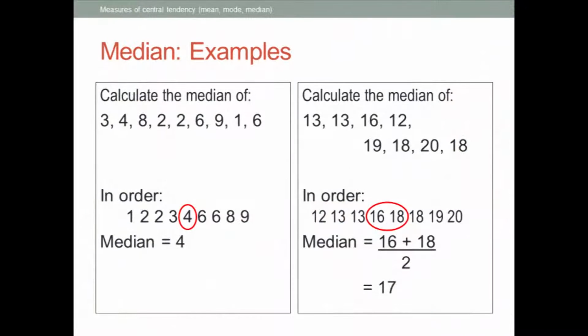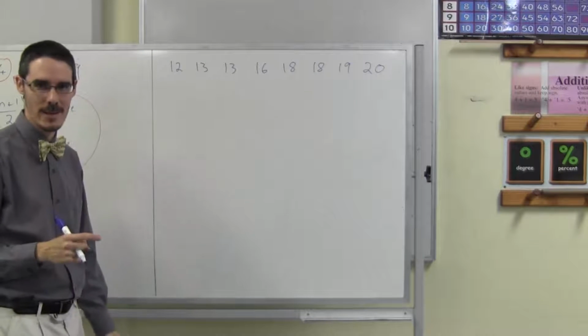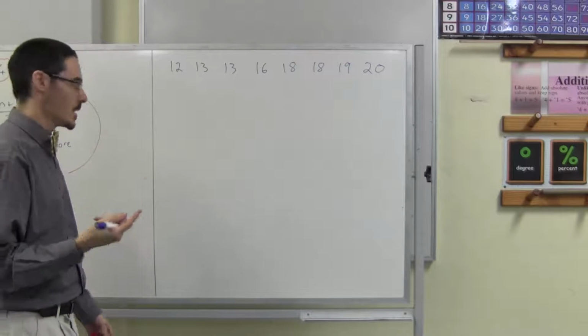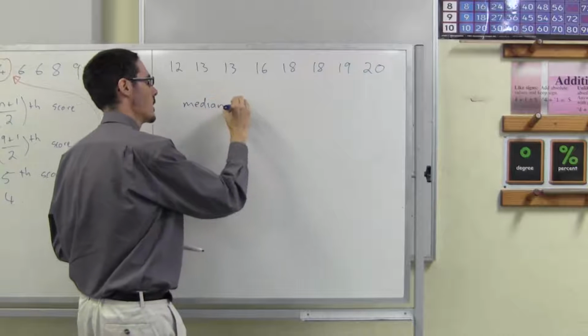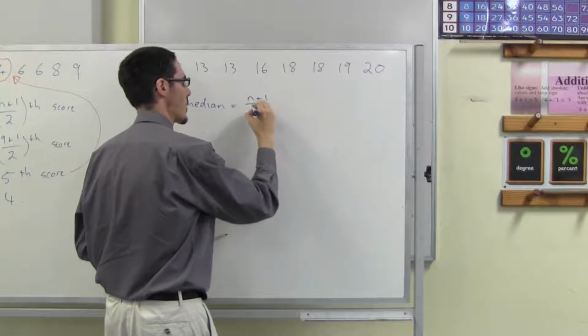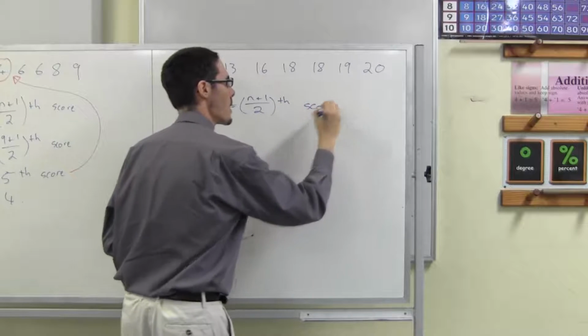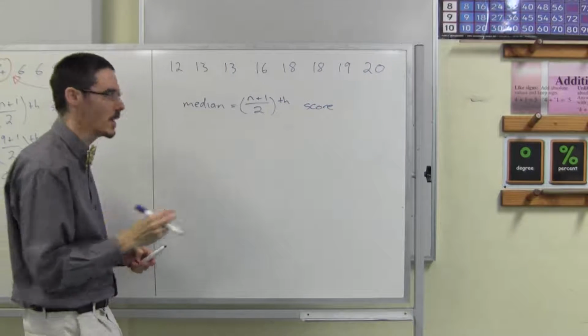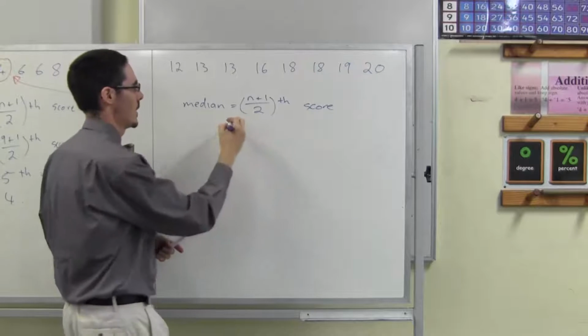And now the second example, with an even number of scores. Okay, here's the set of scores we had, already sorted. So let's write the formula. The median is the (n plus 1) over 2th score. Remember, it tells me the position of the median, not the median itself.